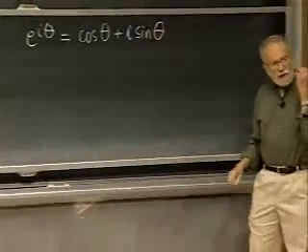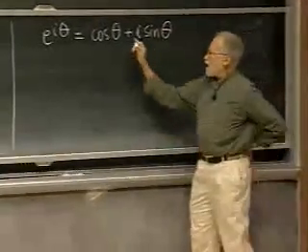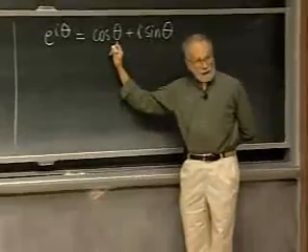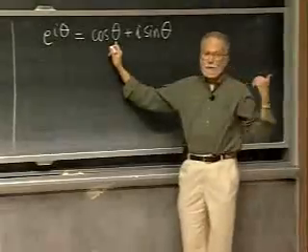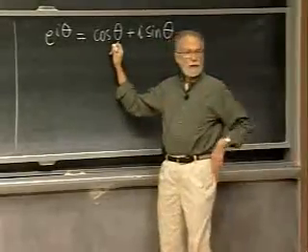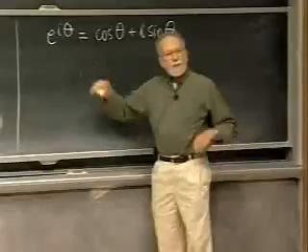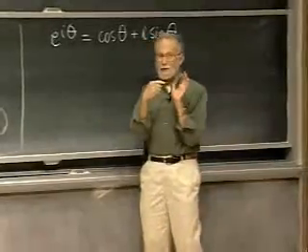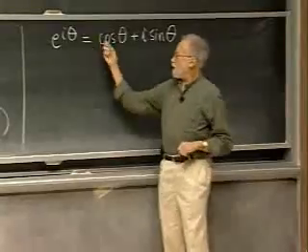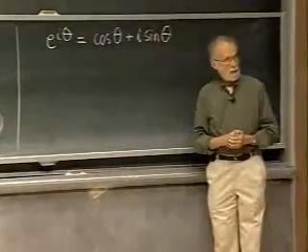As theta varies, it's a function. The variable is real. Theta is a real variable. It's the angle in radians, but it runs from negative infinity to infinity. So if you think of functions as a black box, what's going in is a real number, but what's coming out is a complex number.